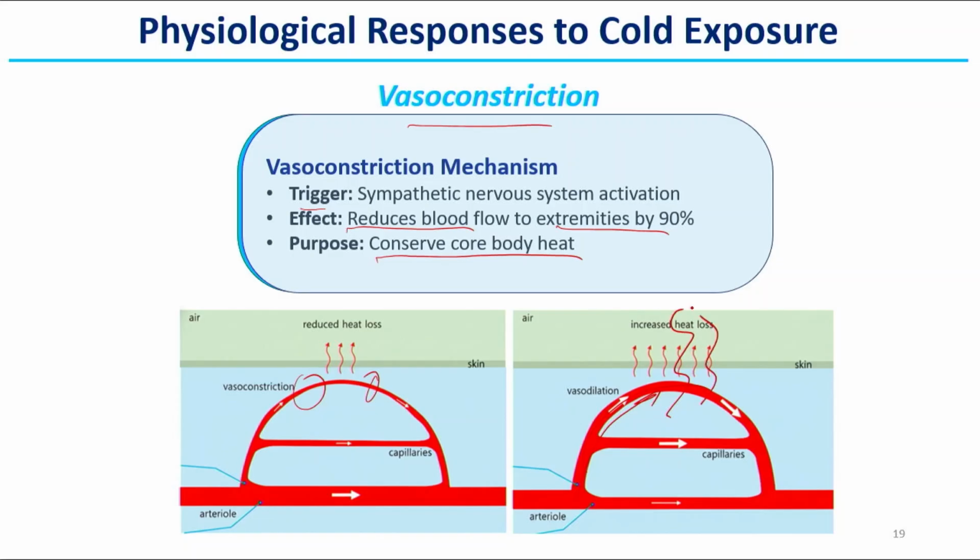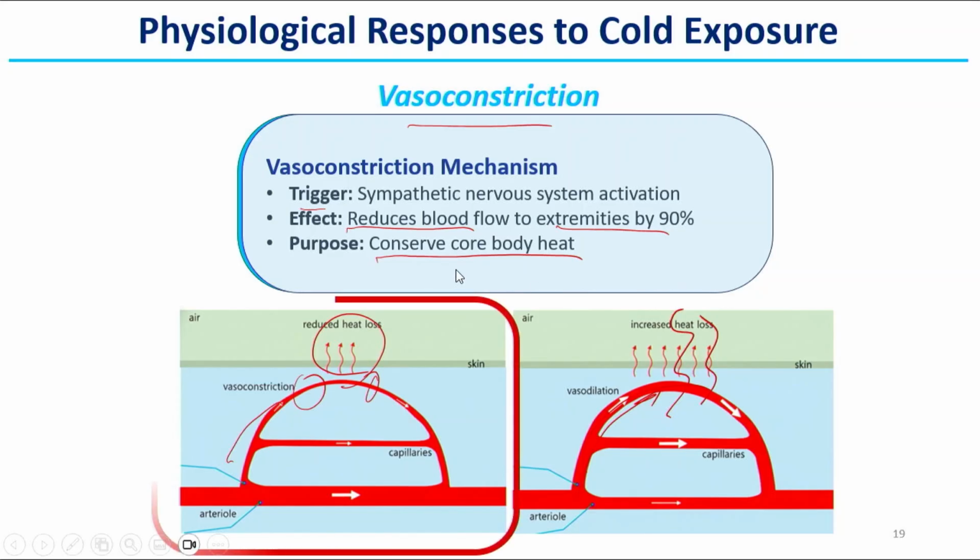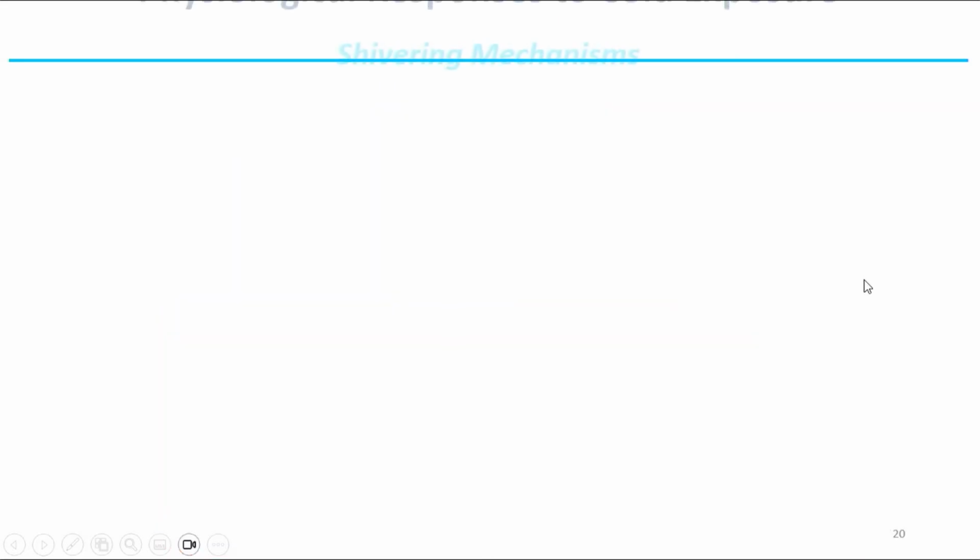And in winter, in cold condition, vasoconstriction is there, and the heat loss is reduced by reduction of the blood flow. This is the vasoconstriction condition.